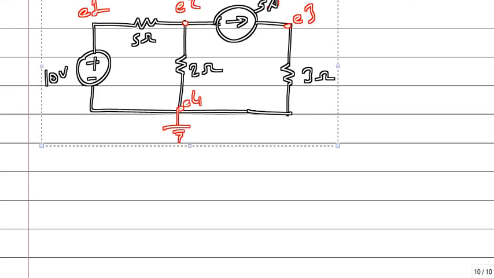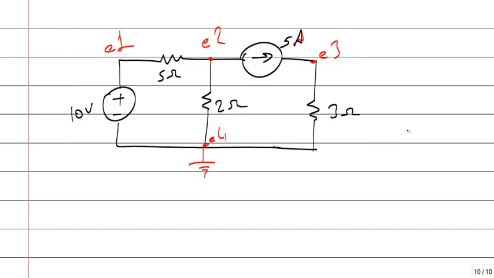So look at these circuits. Assume that in this circuit, you know this is 10 volts, this is 15 volts, and you don't know the Vi.